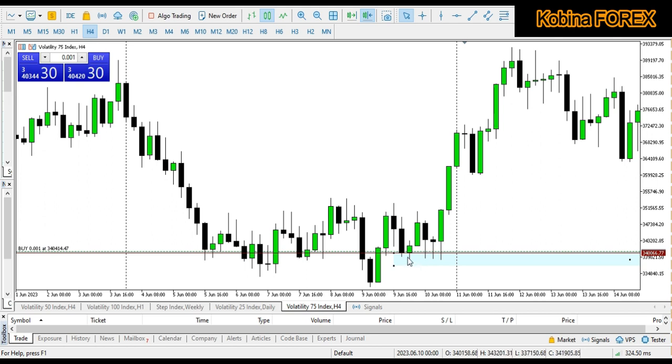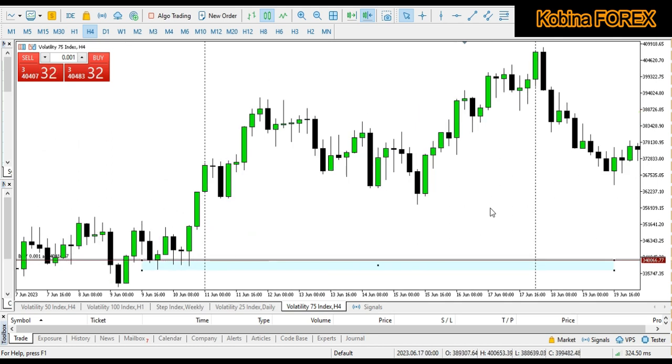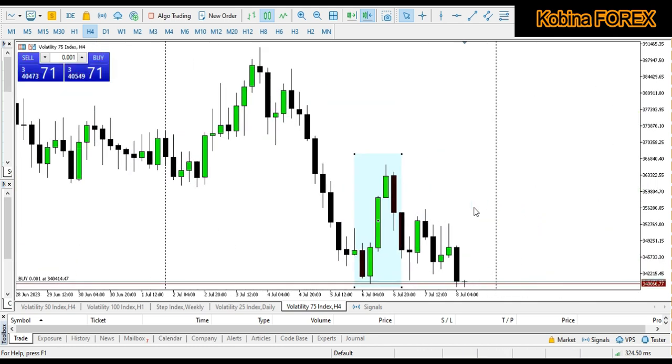So necessarily we could see that there was a rejection block on the 4-hour time frame. What I expected was that should price trade back into this rejection block, there's going to be a reversal. And beautifully, price traded all the way back into the rejection area, and look at where the line is. It was right on top of it, so I executed the trade here.